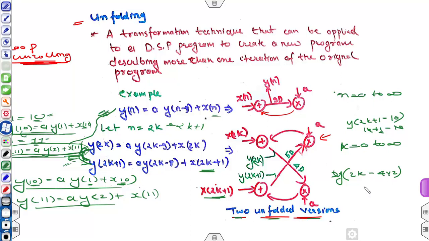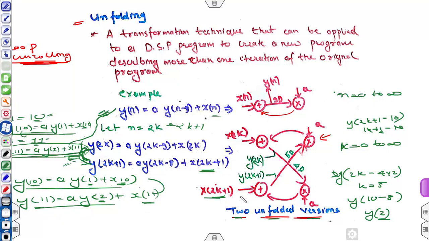So for k equal to 5, this is y of 10 minus 8, that is y of 2. For k equal to 5, this is y of 2, this is x of 2k plus 1, that is x of 11, and this is y of 11.